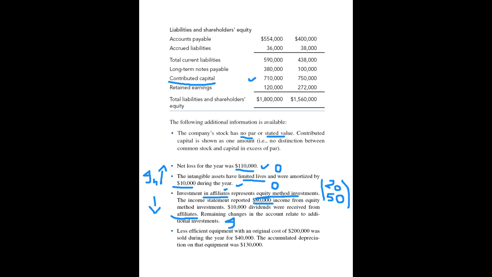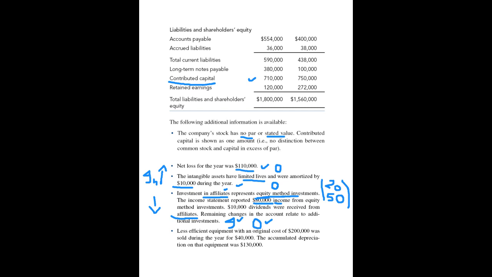And then the income that you have received from the affiliates increases your equity investment, so equity investment will get debit, and the income which you have received from the affiliates will get credit. This income must be reported in our income statement, so of course it's going to affect our operating activity section as well. On one side, investing activity will be affected, and on the other side, our operating activities are going to be affected. We'll see how.